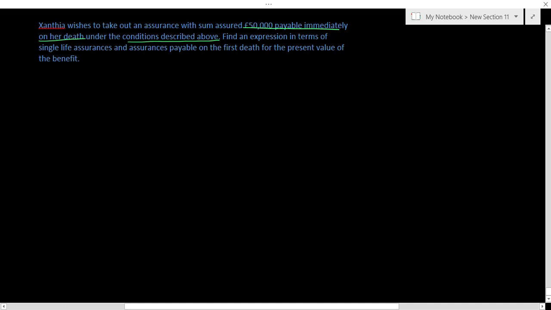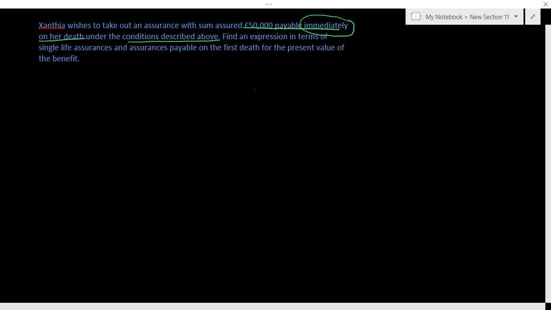Okay, so now they have mentioned specifically that the payment is made immediately on death, but even if it was not, we would have found the expression assuming that the payments are made immediately, so that we can solve it using integrals, and then we would have converted it to payments payable at the end of the year of death, right?